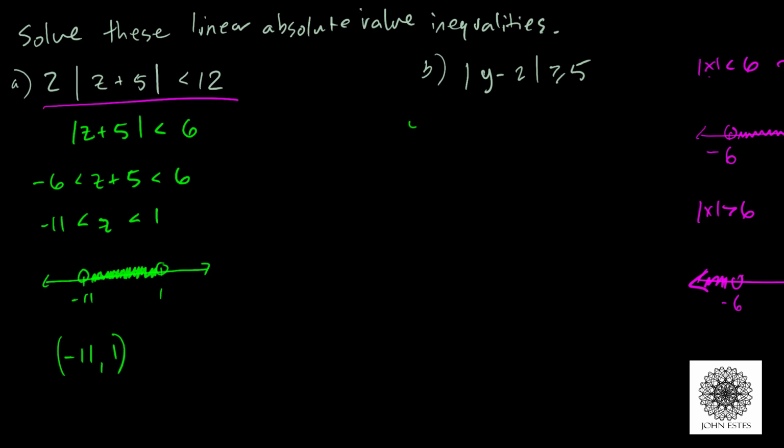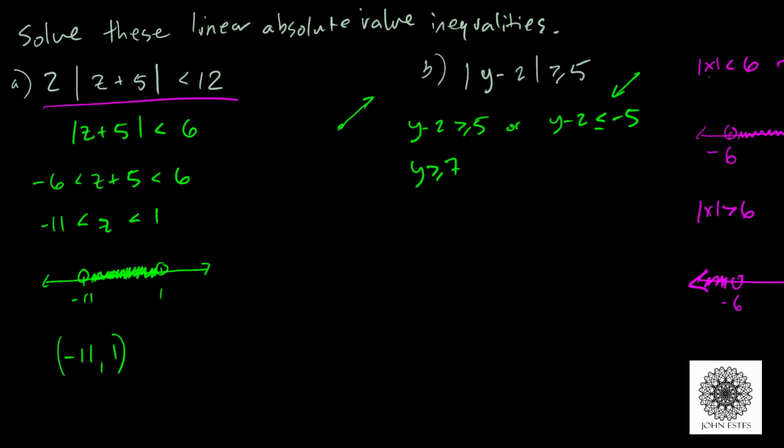I need to consider y minus 2 is greater than or equal to 5, or y minus 2 is less than or equal to negative 5. And see, this will push me out in the two different directions along the number line. Okay, so for the first one, I'm going to add 2 to both sides to get y is greater than or equal to 7.